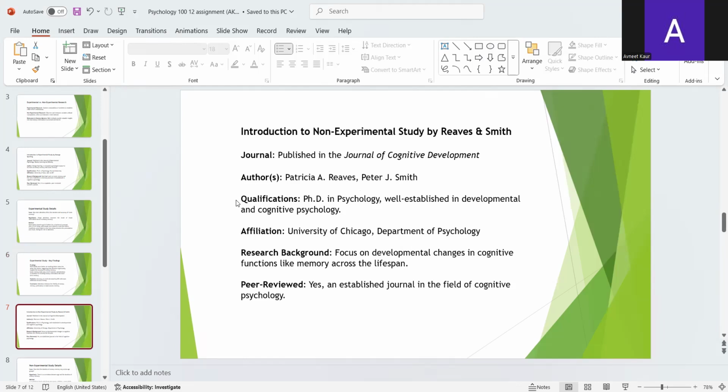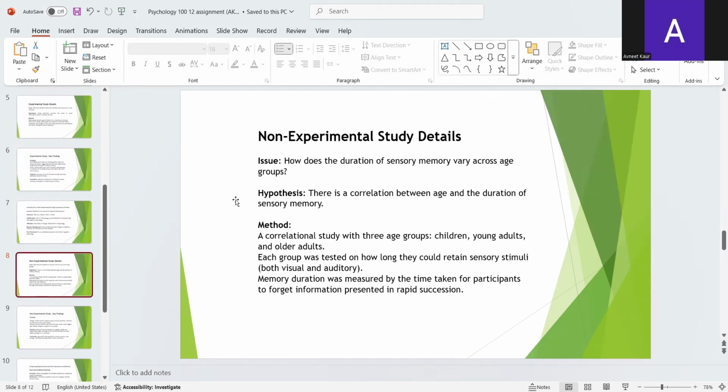The background of these authors is that they mainly focus on developmental changes in cognitive functions like memory across the lifespan. It is also considered peer reviewed, but in actuality it is just fictional.